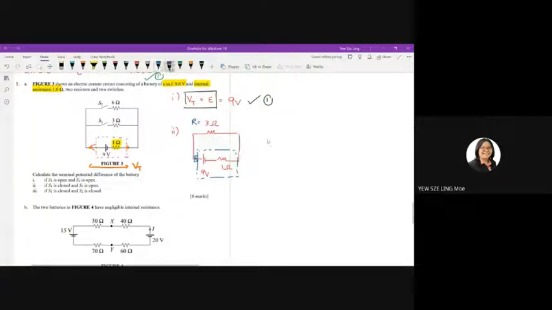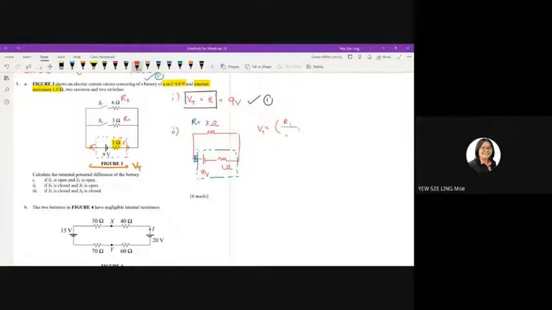Therefore, you can solve it by using the potential divider method, which is your V terminal. Okay, I'm going to label the diagram first. I'm going to call this R2, this one R1, this is small letter r.